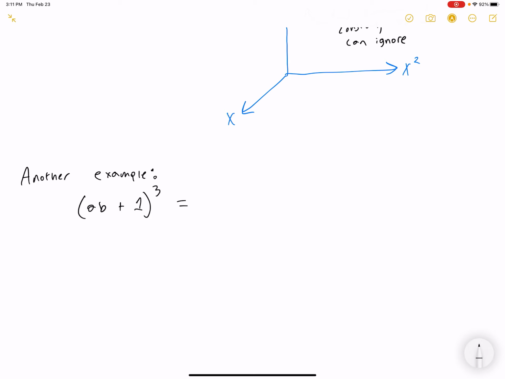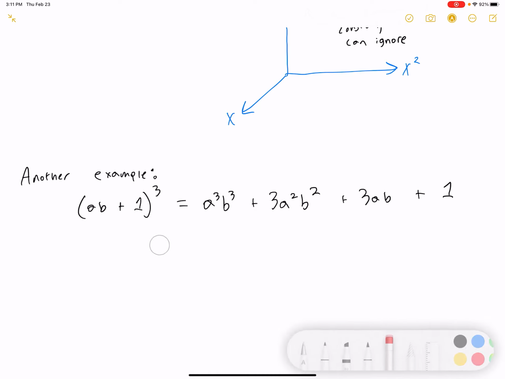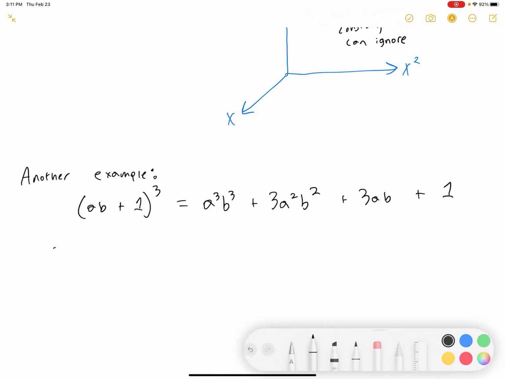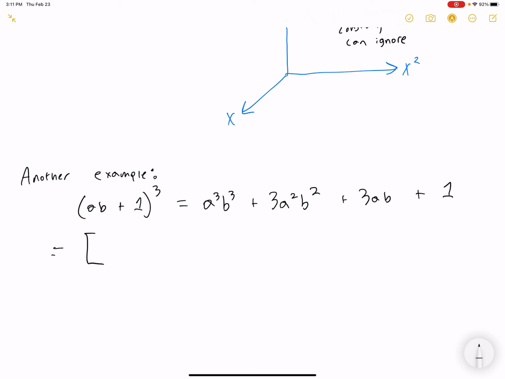I'm not going to do all the math for you, but using the same math as before, just algebra, that comes out to be this, which is equal to, you could probably figure it out on your own, this dot product. So basically each term represents a different dimension.